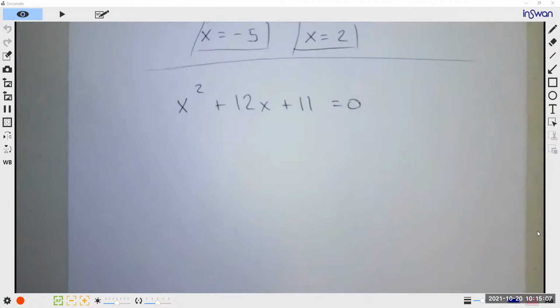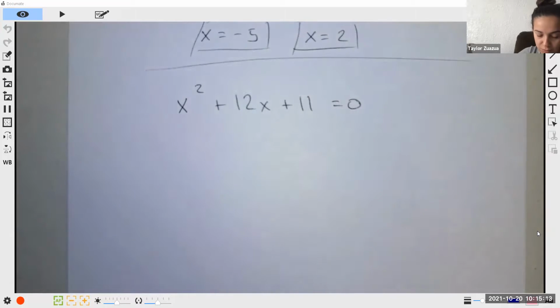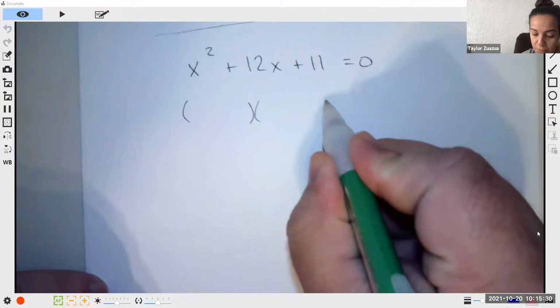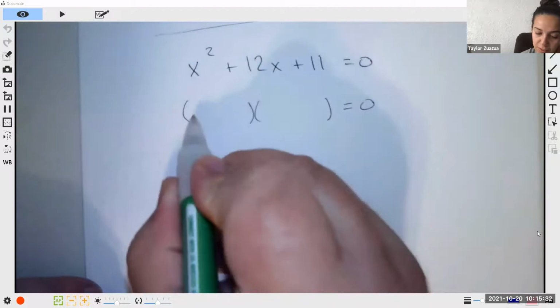Okay, solve that one. X squared plus 12x plus 11 equals 0. So parentheses, x, x. And then we want to get the number. They're both positive.